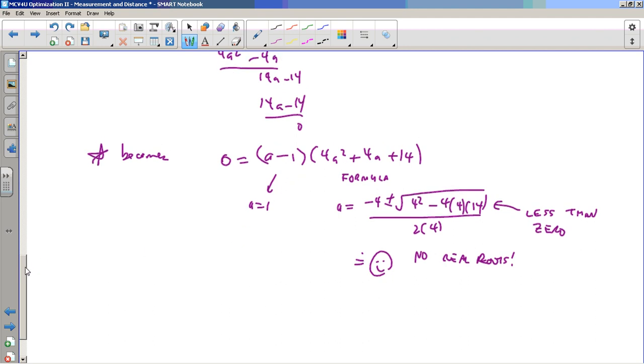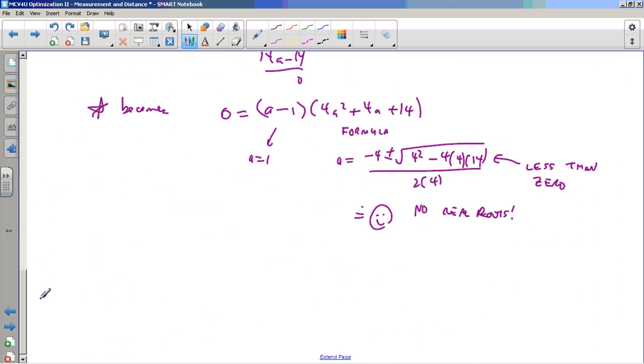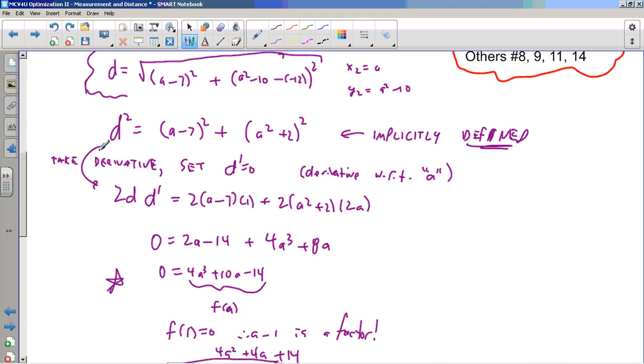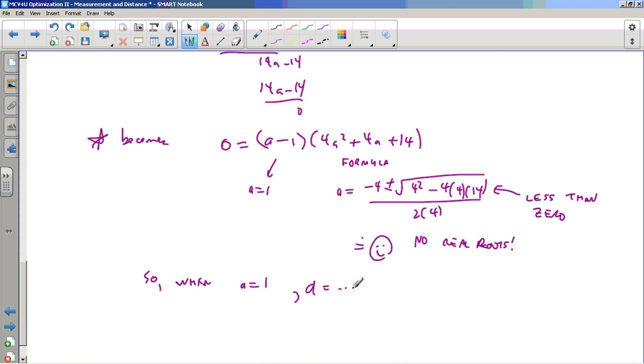I substitute back into my distance formula when A equals 1. D equals, bing, bing, bing through this formula, is about 7.8 units, whatever it happens to be, centimeters or whatever. Okay? Phew, what a good example.